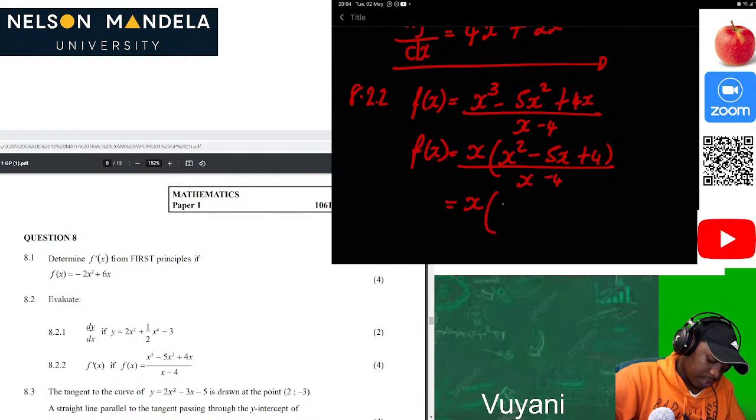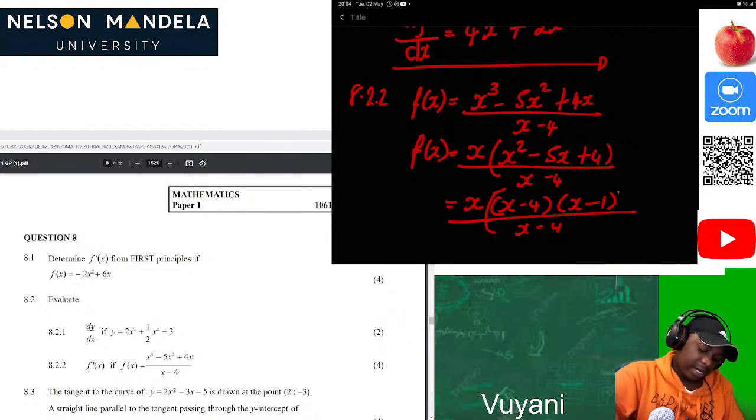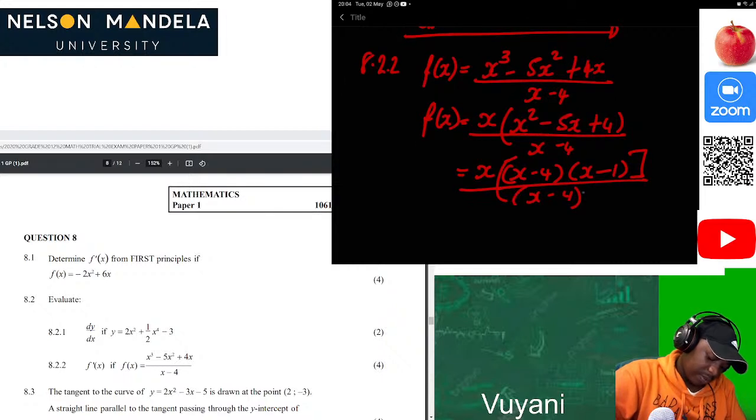We still have our x minus 4 there, so definitely we have x minus 4. Then we also have x minus 1. Let's see, negative 5, 4. Then let's put negative 1 so that we still have the positive. So the factors will be negative 1 and negative 4.